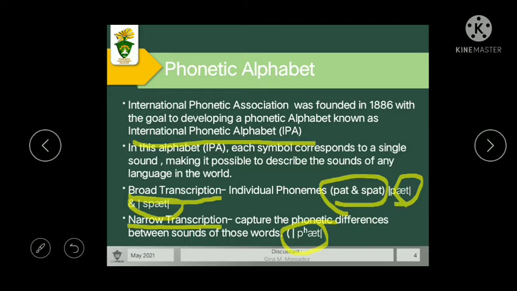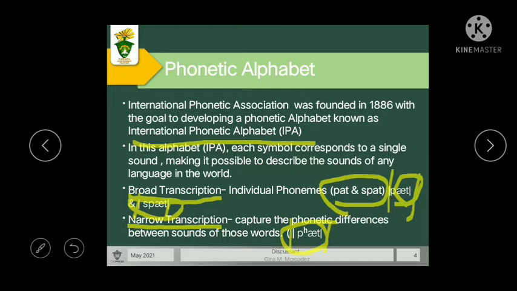The transcription of the phonemes is placed within slashes, and the transcription of allophones is placed within brackets.